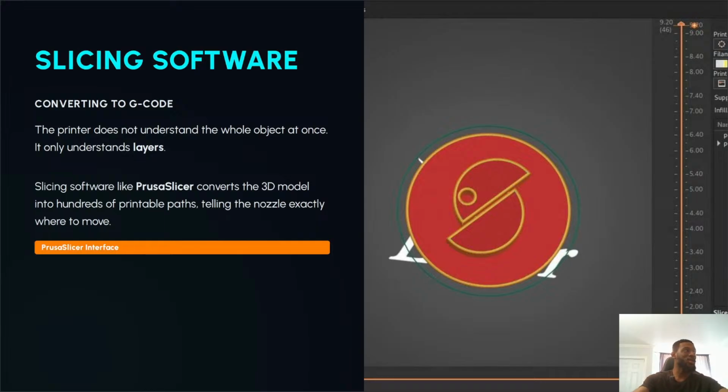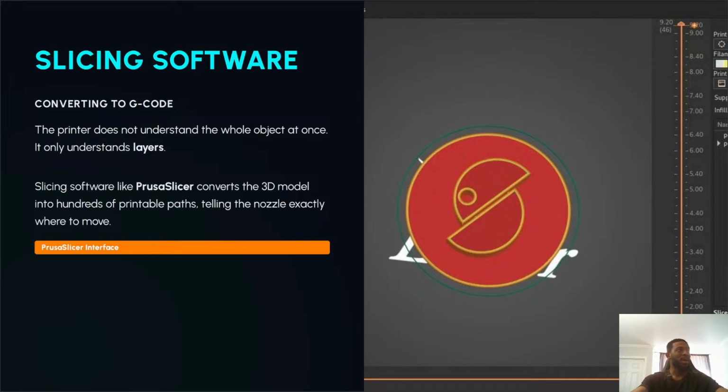The slicing software converts the 3D model into hundreds of printable paths, which means direction, telling it where to go. Think of it as a sort of roadway guiding the 3D printer's hand, telling it where and how to move.